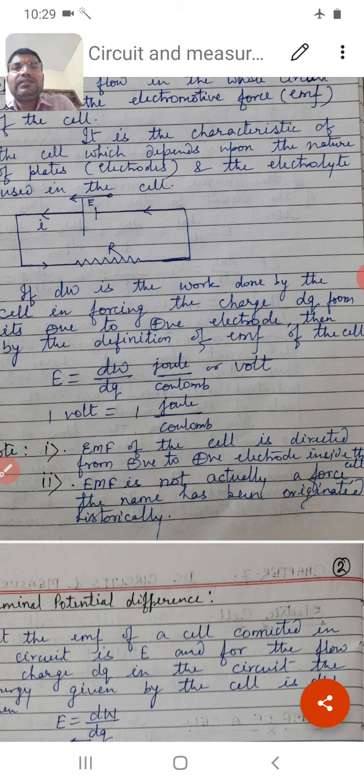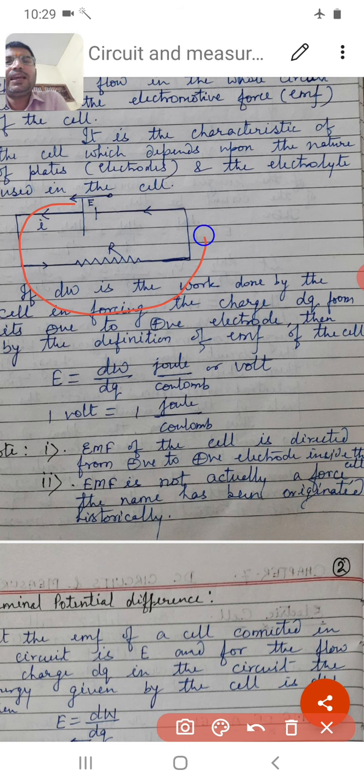Outside the cell, this flow is from positive to negative, but inside the cell, the direction of motion of positive ion is from negative electrode towards the positive. Therefore, the direction of electric field, the direction of electromotive force will be from negative terminal towards the positive terminal.